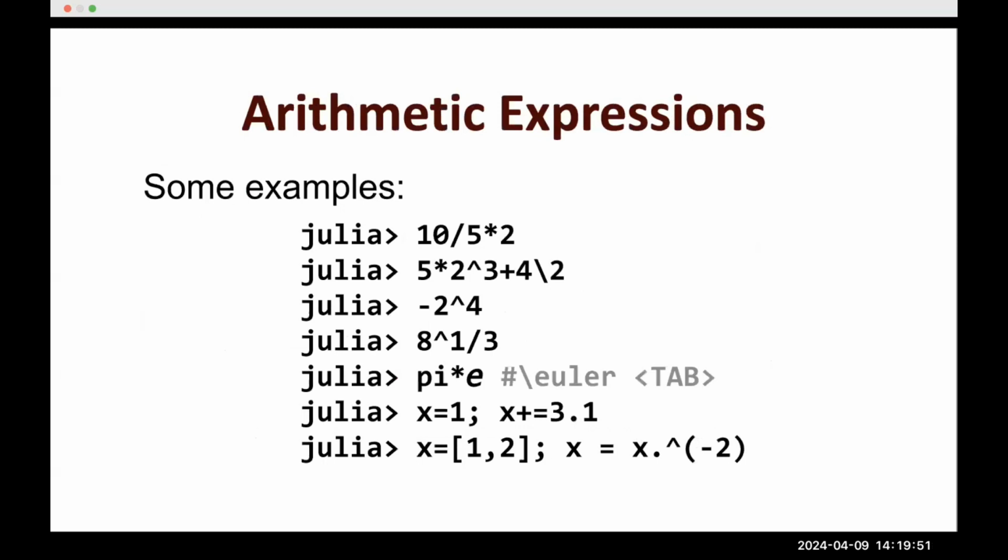So these are some simple expressions. You can try them out, and nothing fancy here. The only thing I want you all to see is Euler's number. You can just use a backslash Euler and a tab, and you can convert that into the natural number. The same goes for pi.